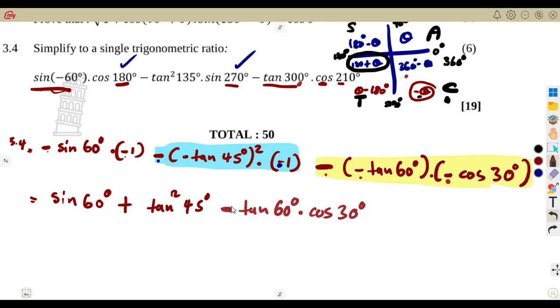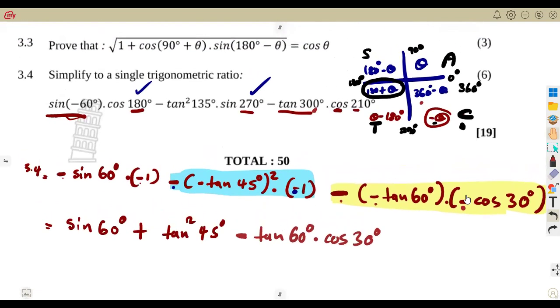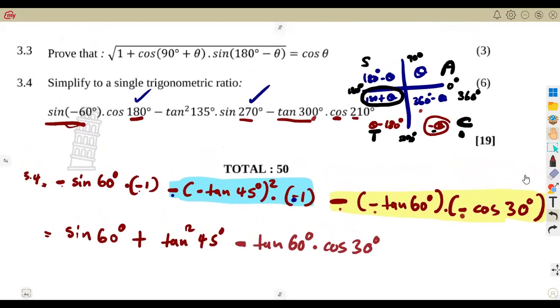Let's see. Guys, there's supposed to be something here. I'm going to figure out here. All right, here it's negative, which is fine. Then the tan 300 said it's going to be negative, this one.